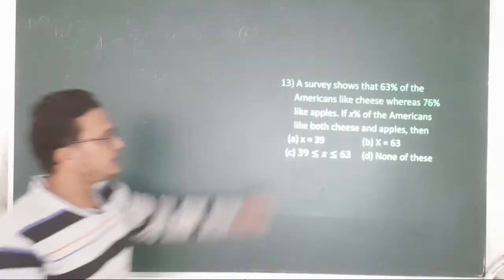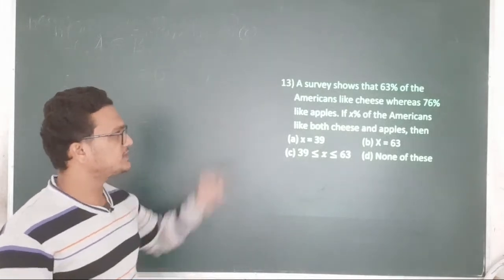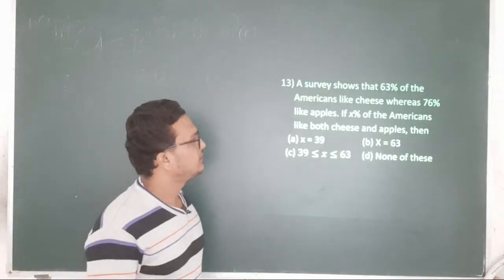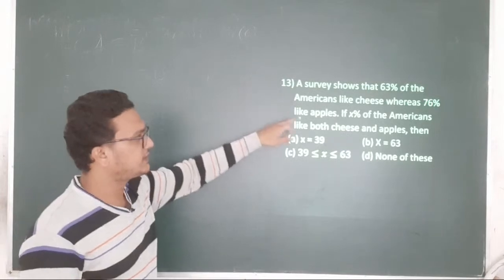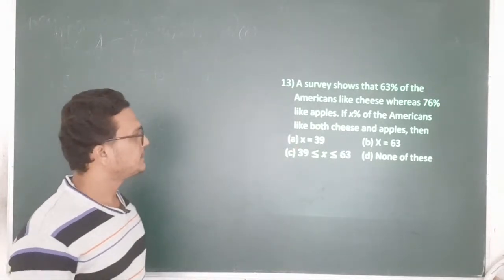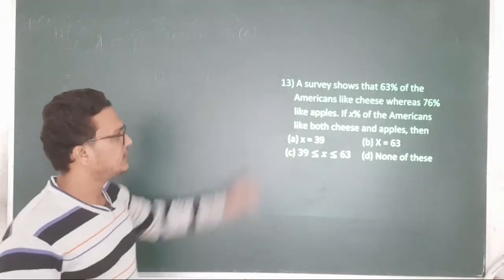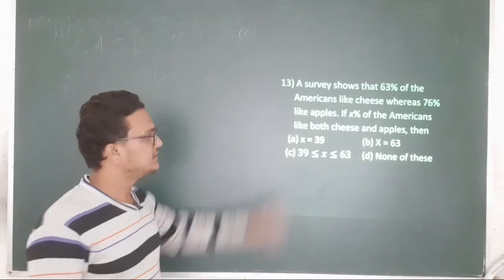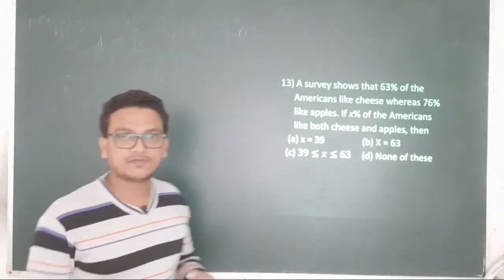A survey shows that 63% of Americans like cheese, whereas 76% like apples. If X% of the Americans like both cheese and apples, then what is the answer of X?